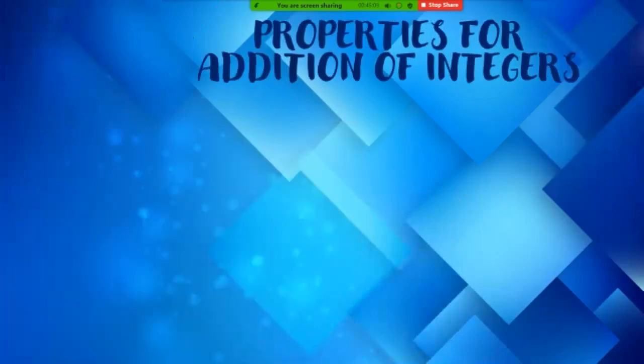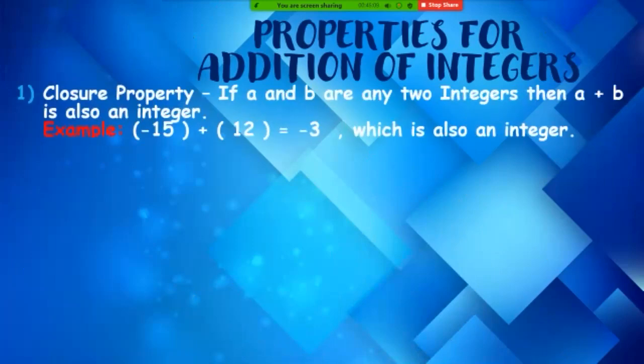Now this is a boring topic but very important, properties of addition of integers. First is the closure property. Some properties are same as the properties of whole numbers that you have studied earlier. We'll learn the same in the integer properties.